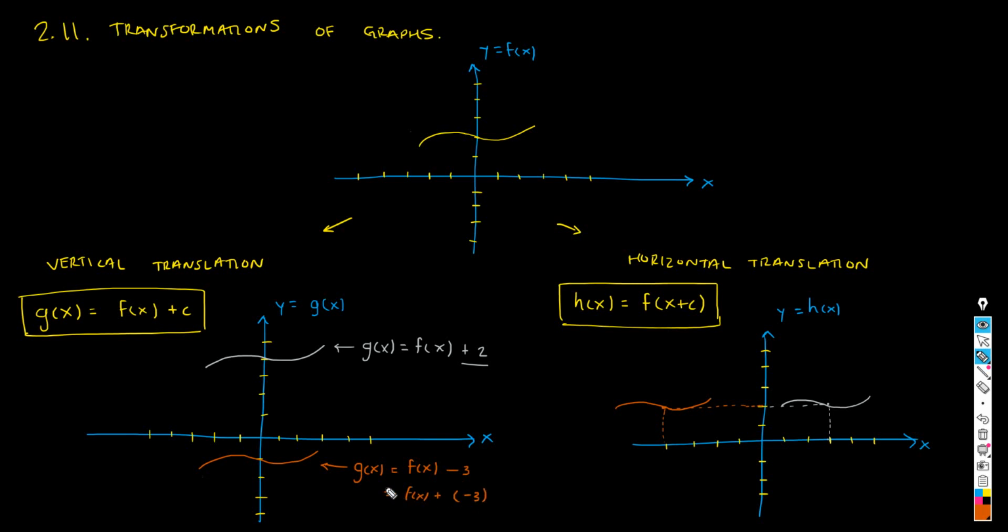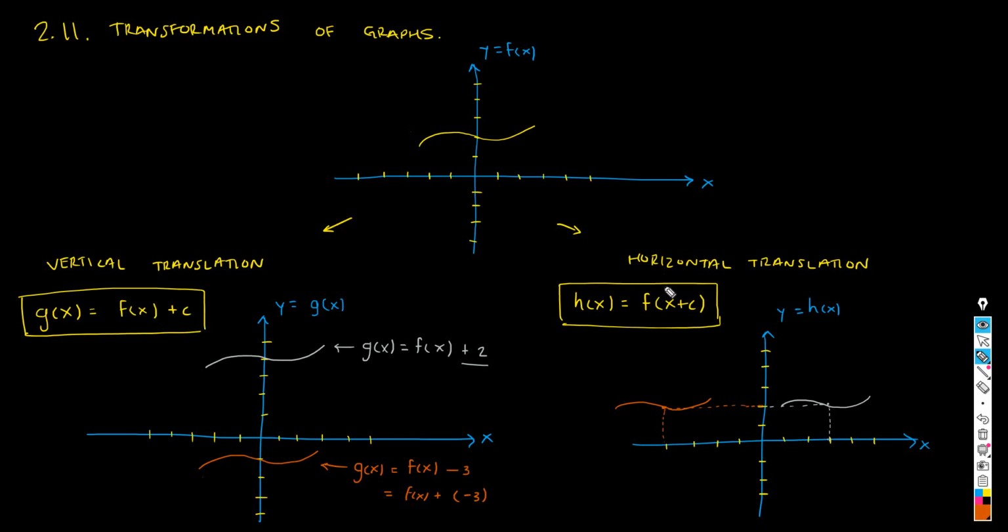It's the same, right? Why? Because remember, this one crosses at 2, and this red one is the same as this, but displaced 3 units downwards. Okay, so we go from here to there, to minus 1. So that's how vertical translation works. It's an addition to the function, an addition or a subtraction of a constant c.